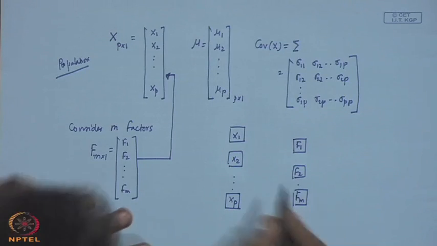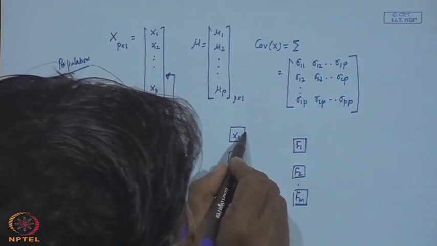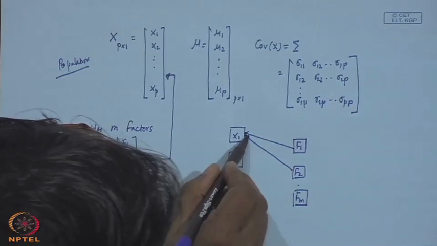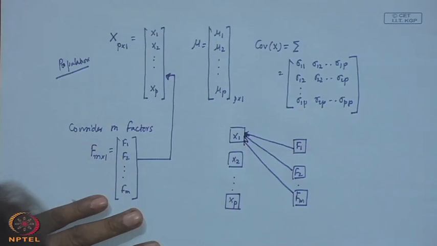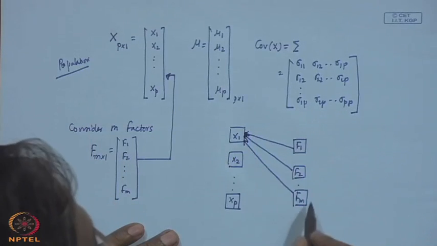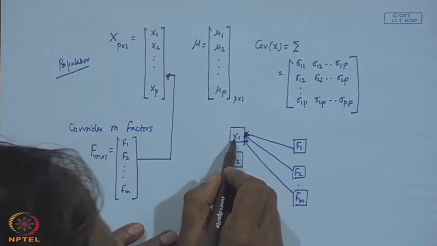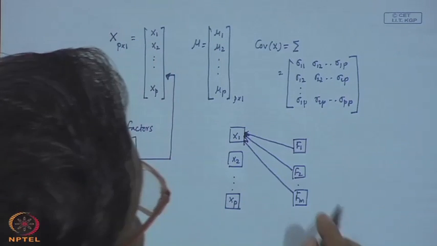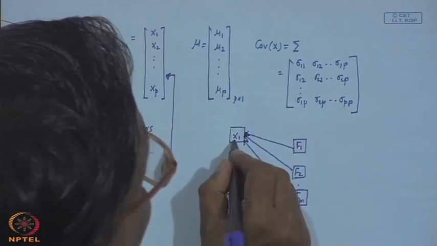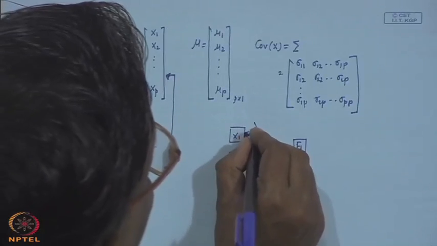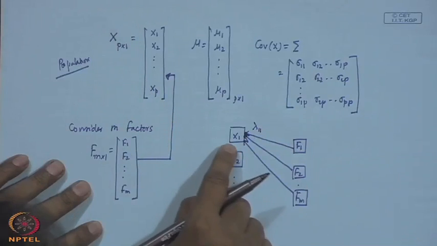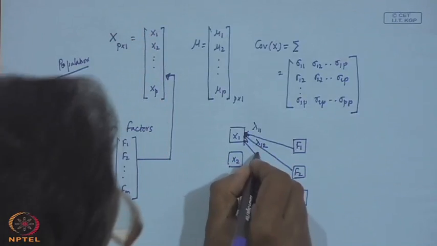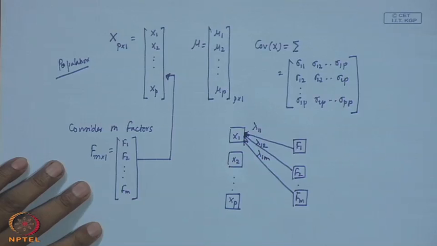So, in this case I can say x 1 is caused by f 1, x 1 is also caused by f 2, like this f m. What we are trying to say is that there are m factors influencing this x 1. Because of these factors x 1 you are able to observe. So, if x 1 is caused by f 1, I can write lambda 1 1, then lambda 1 2, lambda 1 m.